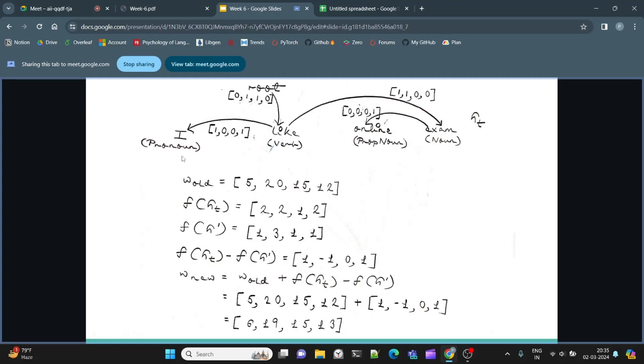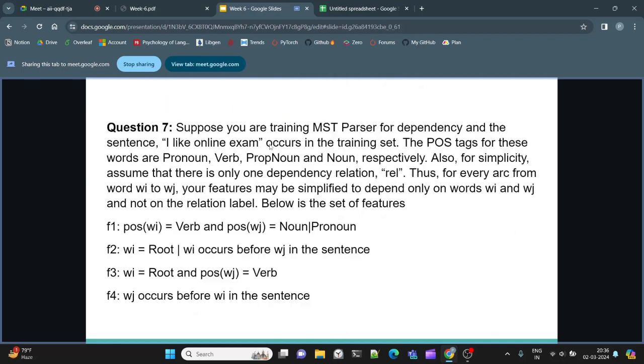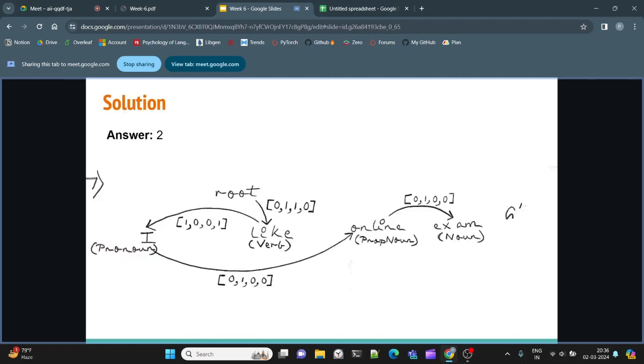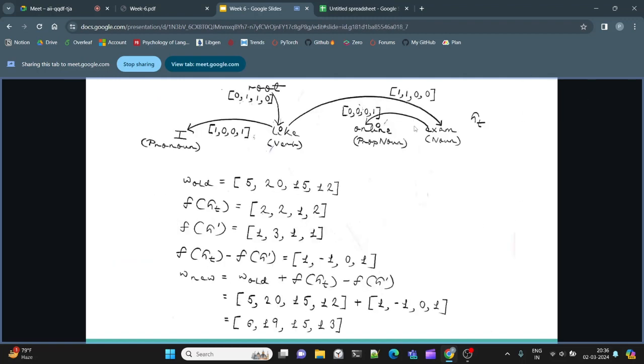So this one you're saying, right? This is the gold standard. The gold standard is the correct one. So you have to find this out yourself. This is not given in the question, but it is mentioned that it occurs in the training set. When it is mentioned that something occurs in the training set, it means it has a gold standard available with it. The gold standard is the correct dependency parse. So for the sentence "I like online exam", this would be the correct dependency parse.